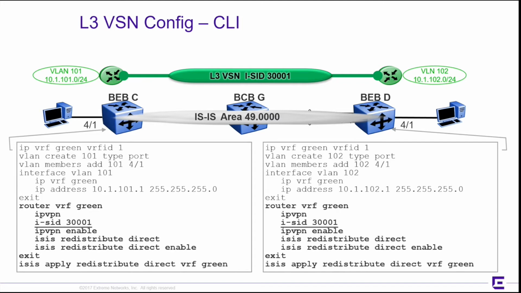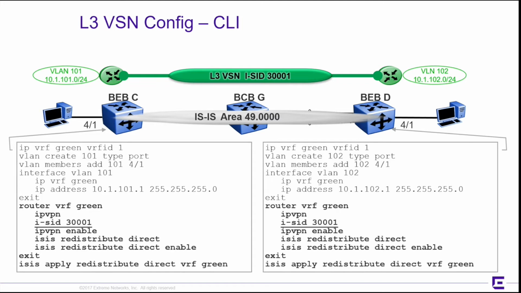So just configuration-wise, this is how we configure an L3 virtual service network. Once again, a security network. You'll notice that we have some VLANs created here on the left and the right-hand side there, edge provisioned. We're showing the green configuration, 30,001 ISID up top there. So 10.1.101 and 10.1.102 are the VLANs, and we assign them to a VRF green.